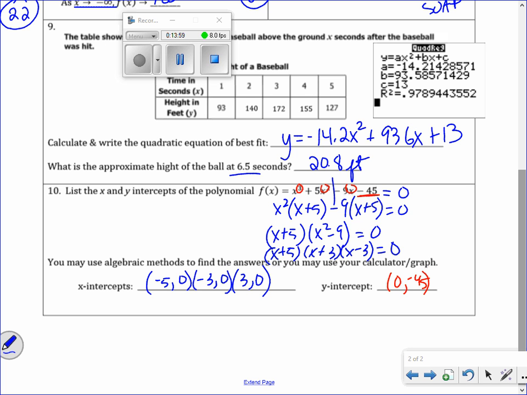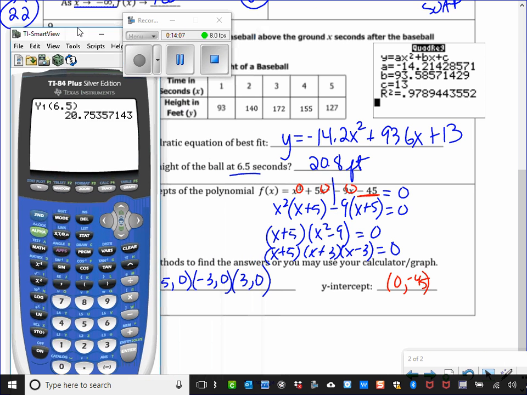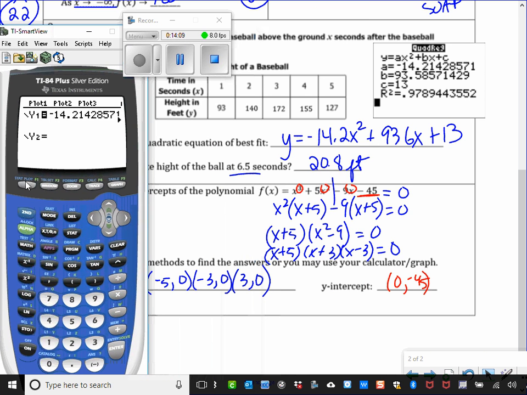All right, now alternately, if you do not want to do it the algebra way, you could graph this. So if you graph this problem, you got x to the 3rd plus 5x squared.